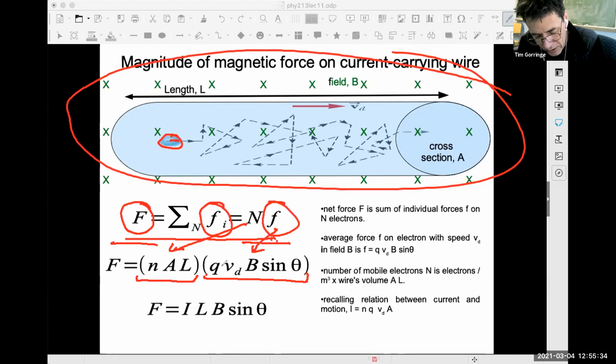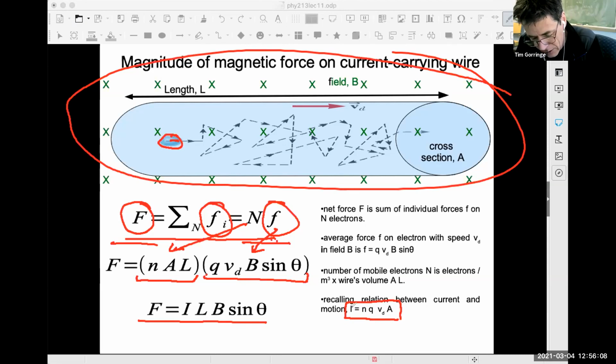And that's from last class: the force on each of those individual electrons due to their drift motion is just their charge times their drift velocity times the magnetic field times the sine of the angle between the field and their velocity. And if I look at that equation, I can simplify it and rewrite it using the equation we met when we talked about current earlier in the class.